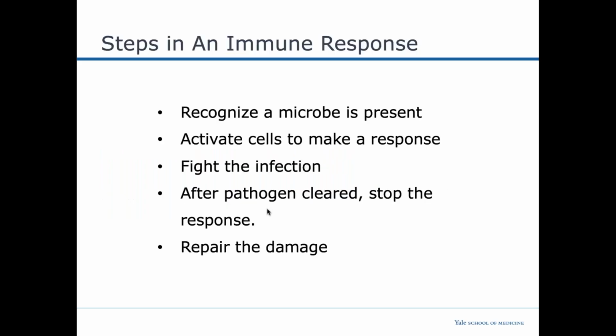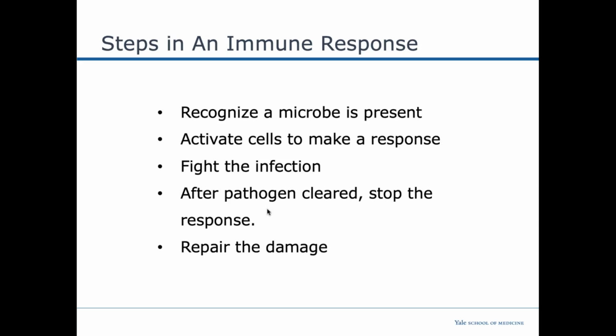So the steps in immune response. First of all, we have to recognize a microbe is present, that it's actually entered our body. There's no point in making a response if we don't have a microbe. Then we have to activate the cells to make a response, the immune cells or other cells of the body that detect it and fight the infection. And then after it's cleared, we have to stop the response.